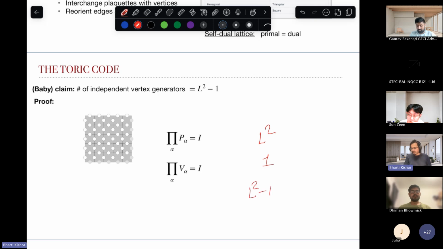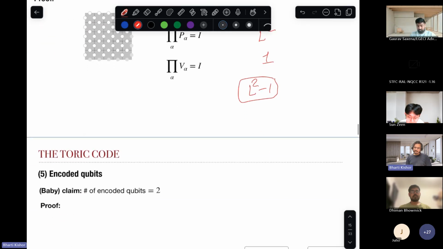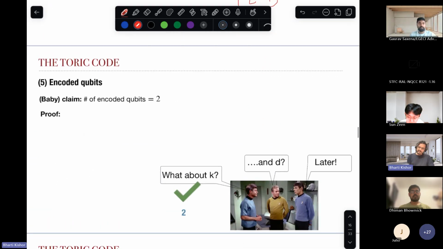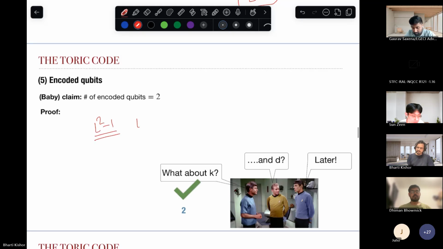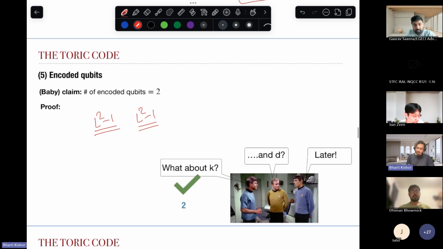So the number of independent vertex generators is L square minus 1. So the total number of independent stabilizer generators that I have is L square minus 1 plus L square minus 1. So that is 2L square minus 2.